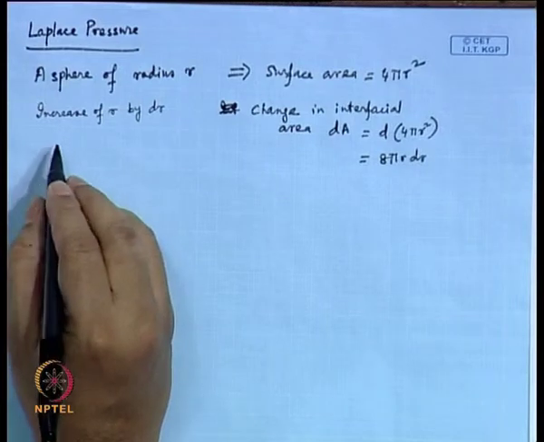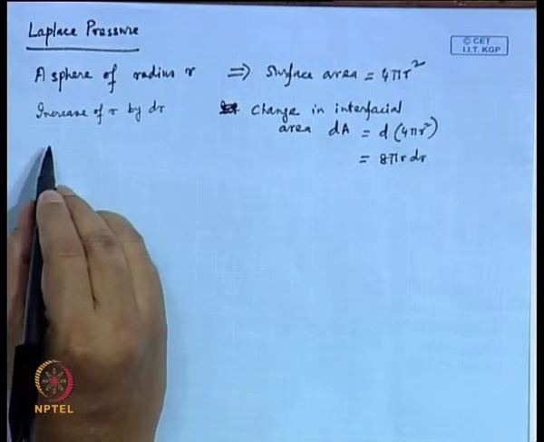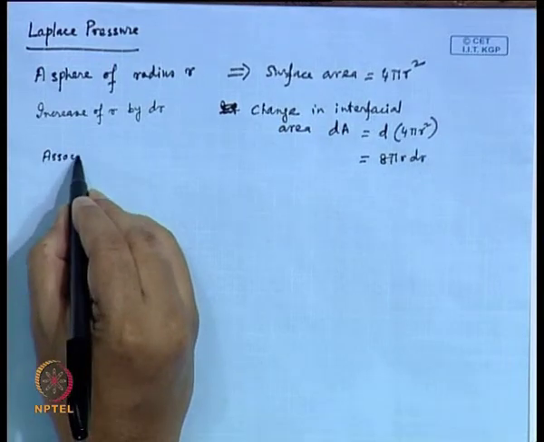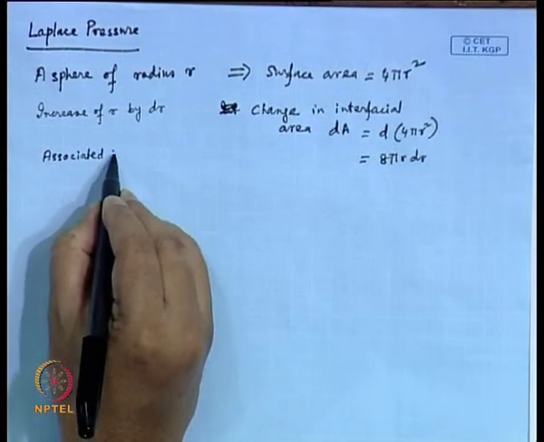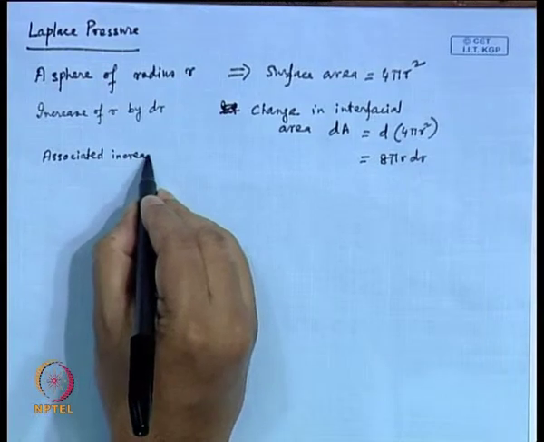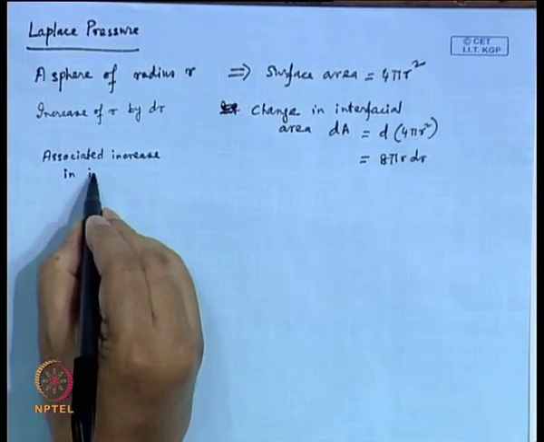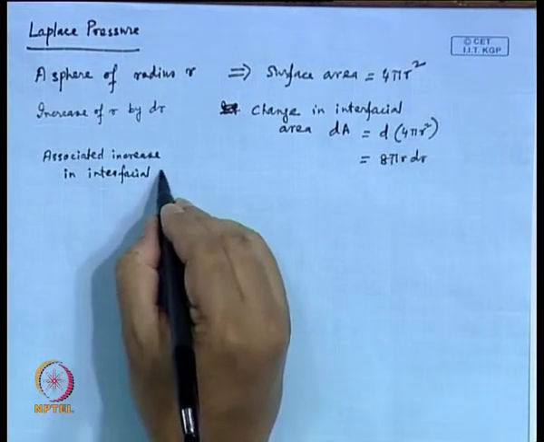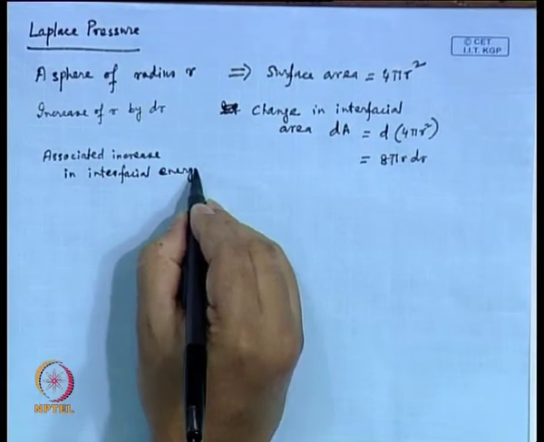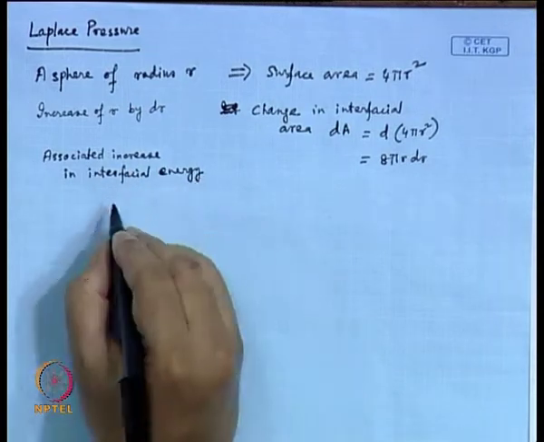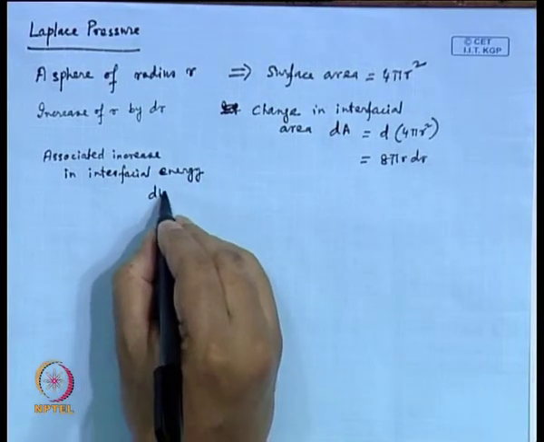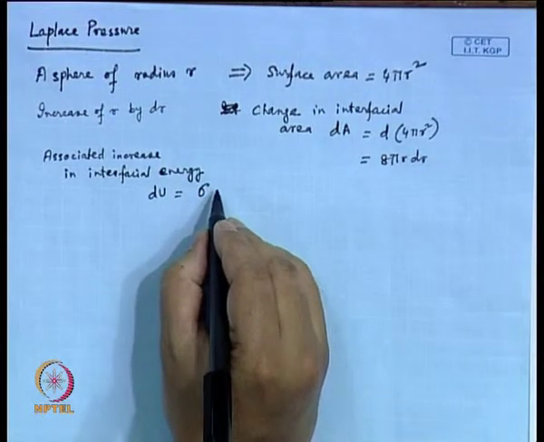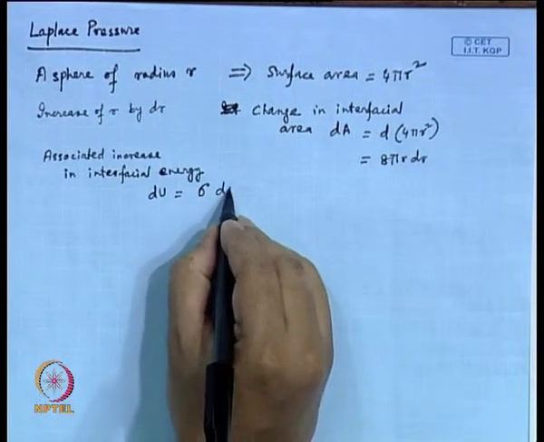and the associated increase in interfacial energy, that is dU, let us say, and that dU would be equal to sigma into dA.